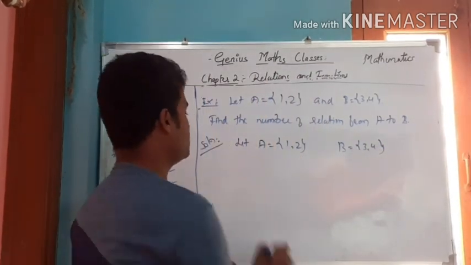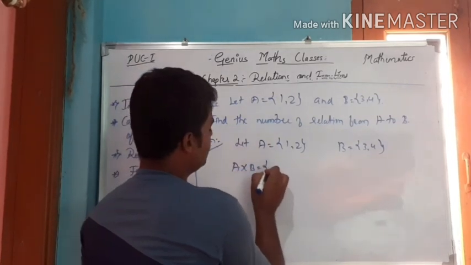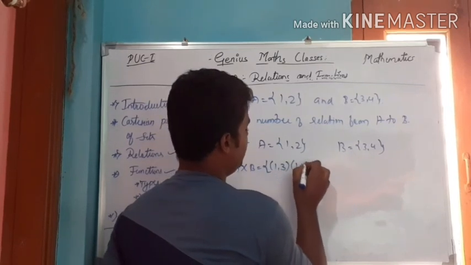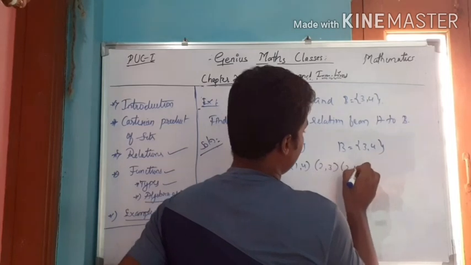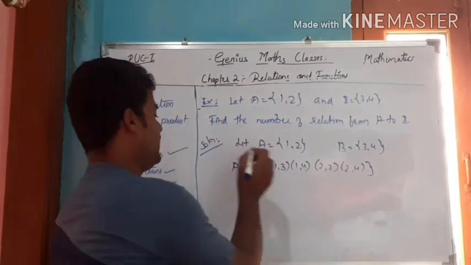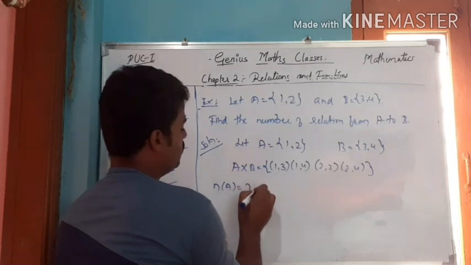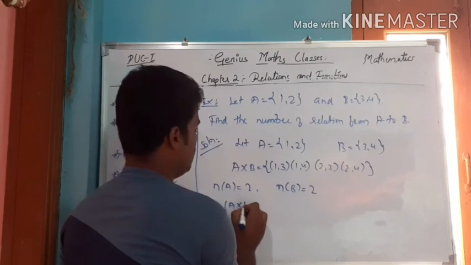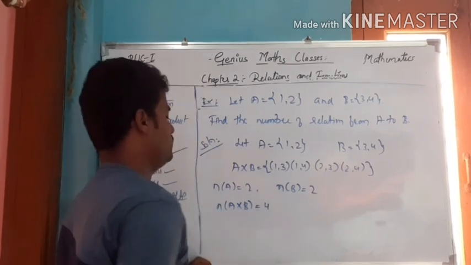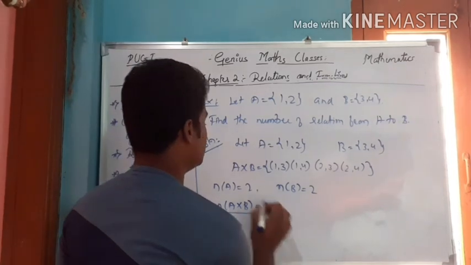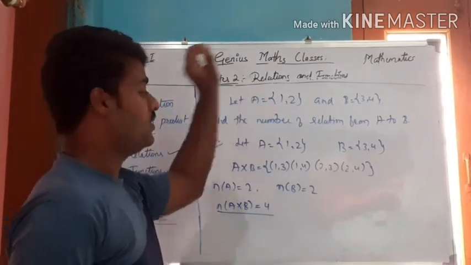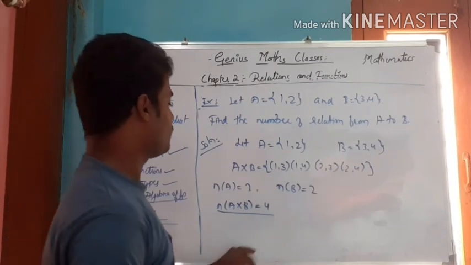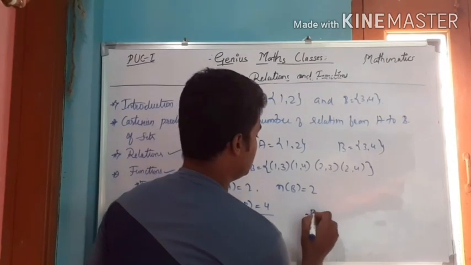So what are the elements of the Cartesian product A cross B? (1,3), (1,4), (2,3), (2,4). So there are 4 elements in A cross B. n(A) equals 2, n(B) equals 2, so n(A cross B) is equal to 4. What I have discussed is that the number of relations from A to B is 2 to the power PQ.